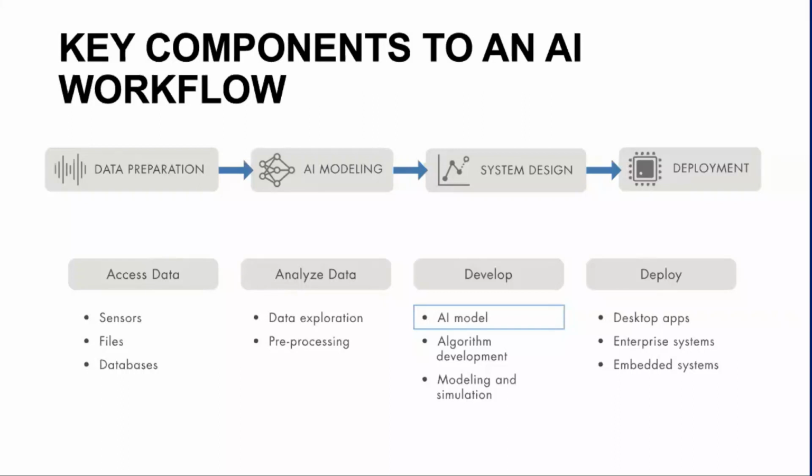That's the time you analyze your data, perform some exploration and pre-processing. System design, you start developing the model through the available learning algorithms. And of course, you have to do some test on whether the model is up to your required performance. And then finally, you deploy it.